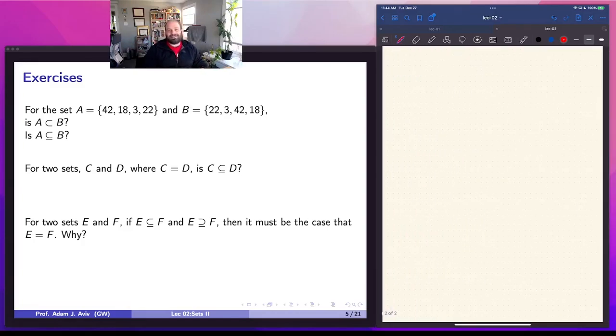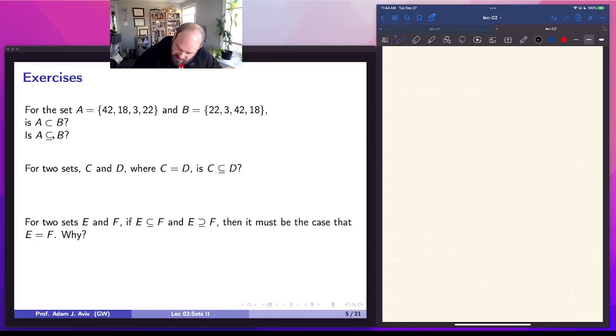So let's do these examples. All right, so for the set A, 42, 18, 3, 22, and the set B, 22, 3, 42, 18, is A a proper subset of B, or is A just a subset of B? Okay, so remember this symbol underneath.